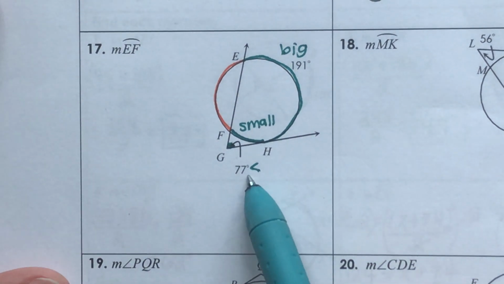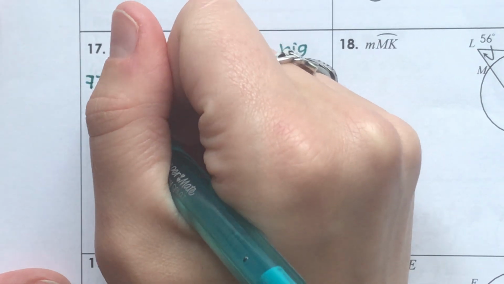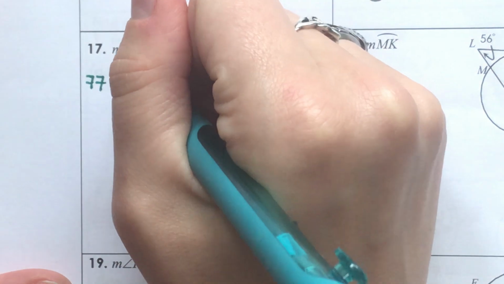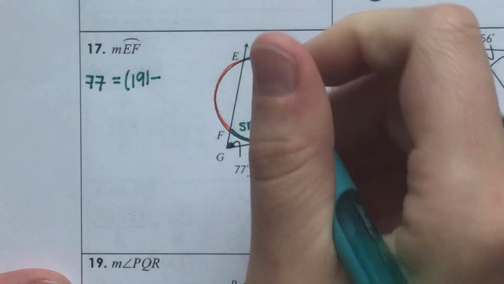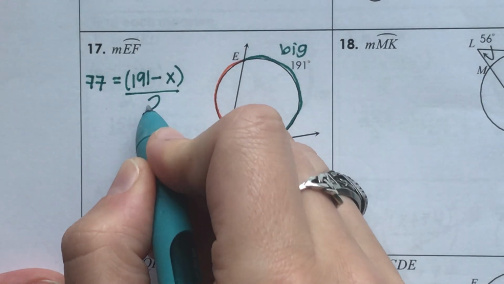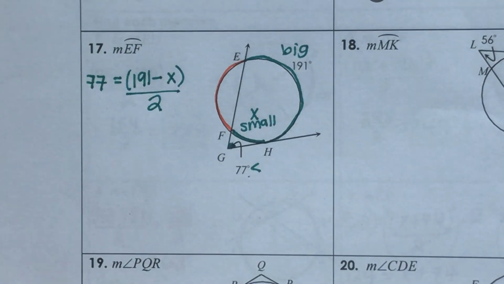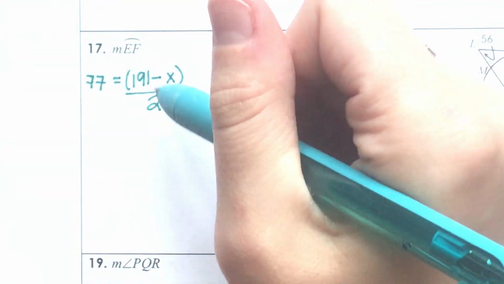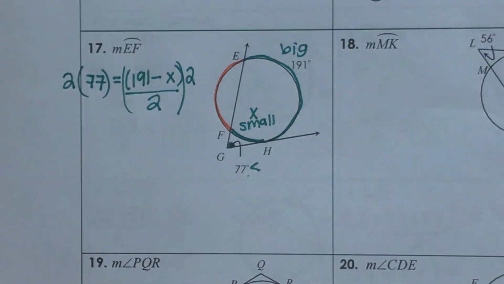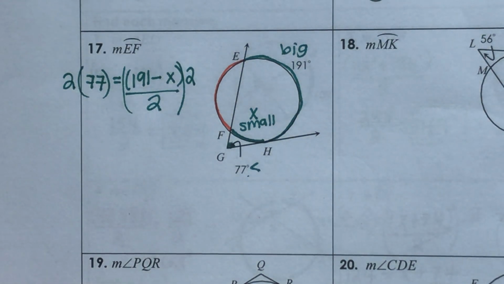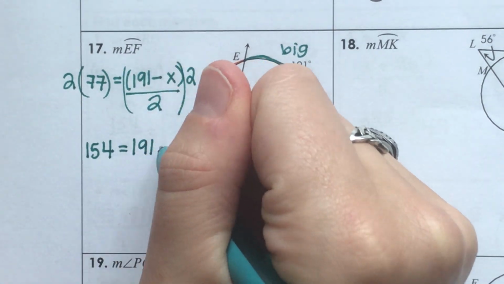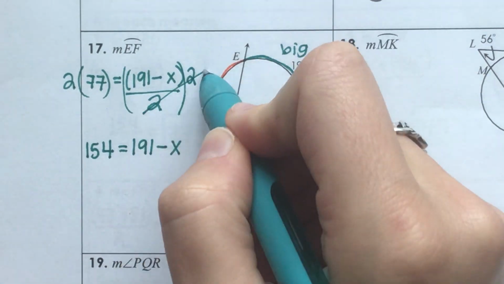Okay, so my angle is 77 equals big is 191 minus my small, I don't know, I'll put an X there, divided by 2. Now I'm just going to solve this just like I did all the other ones. Get rid of divided by 2, multiply by 2. 2 times 77 gives me 154. And these 2's will cancel.